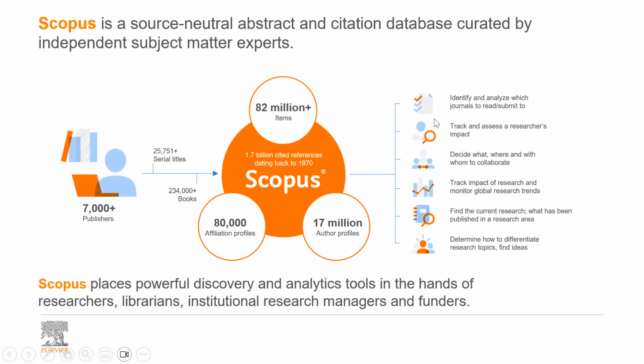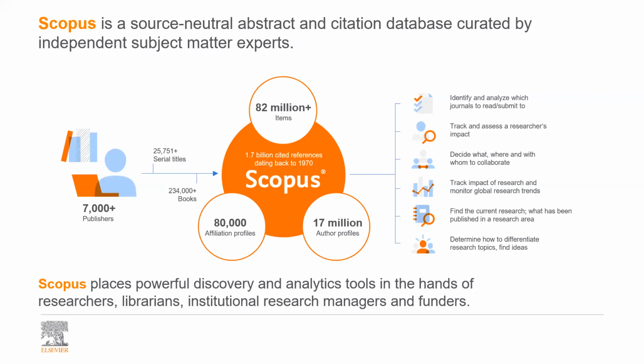So Scopus can help us identify and analyze which journal to read and which journal to submit in. It also gives us the opportunity to track and assess researcher impact, to decide who we can collaborate with, to track the impact of the research, and to find current research.